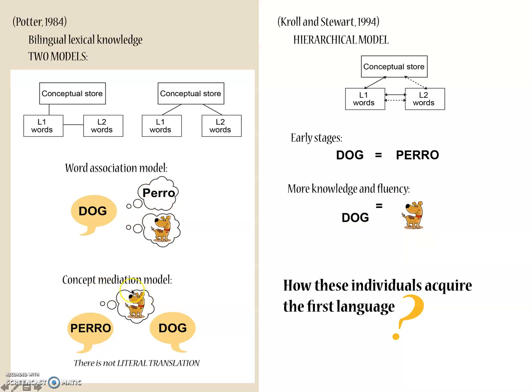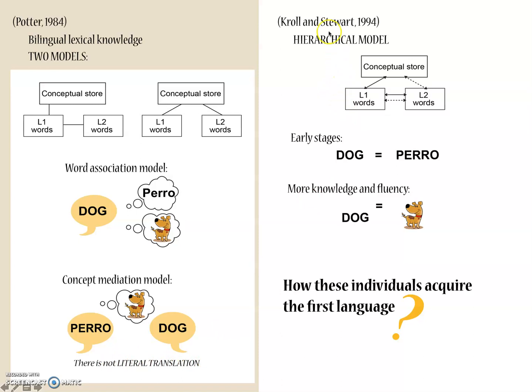In the concept mediation model, there is no lexical connection between both languages, so both words, the first language word and the second language word, are connected with the same concept independently, so there is no literal translation here.